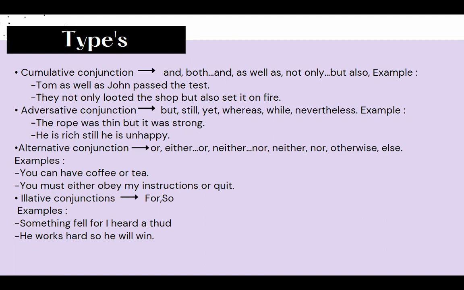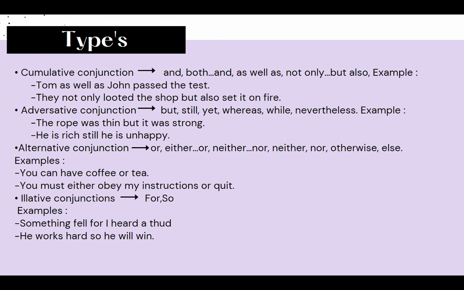The third type is, I'm sorry, I mean alternative conjunction. Alternative conjunctions present two alternatives, sometimes indicating a choice between them.